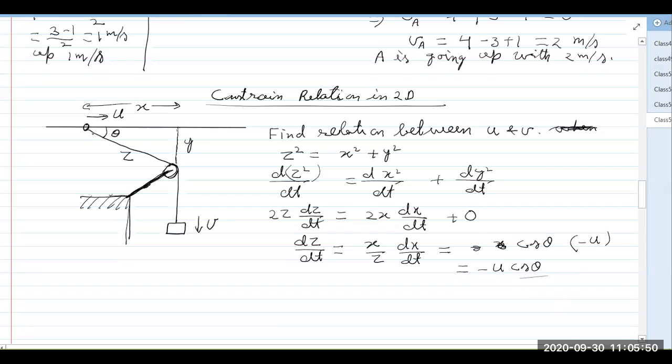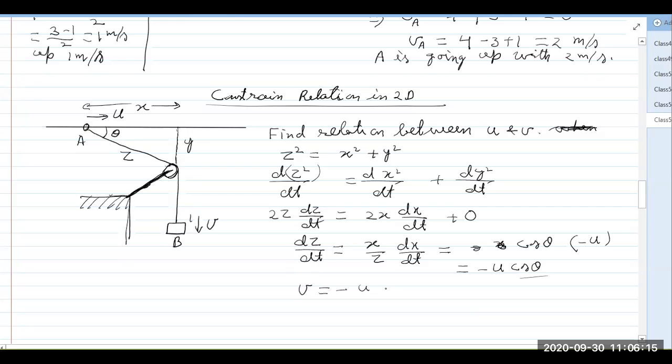Okay, so if z is decreasing at this rate, by the same amount this lower object would be moving downward. If this is v, since the string length is fixed, at whatever rate the upper string is decreasing in length, the lower string will increase by the same value. So dz by dt will be equal to v.